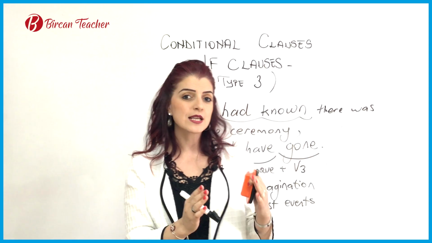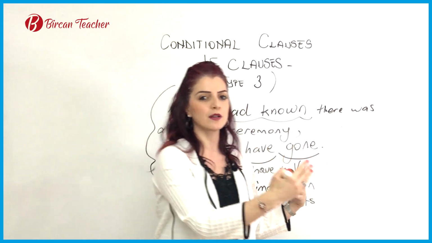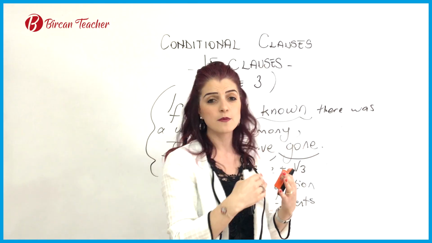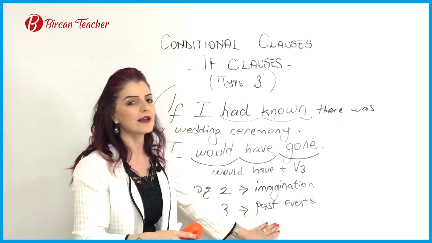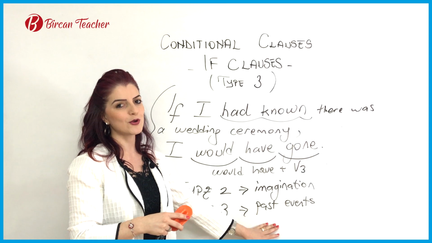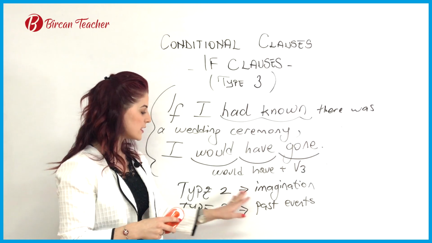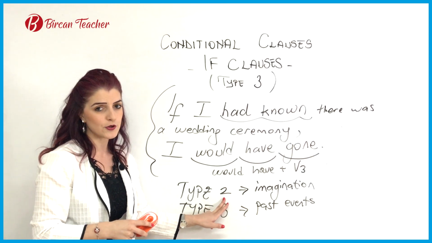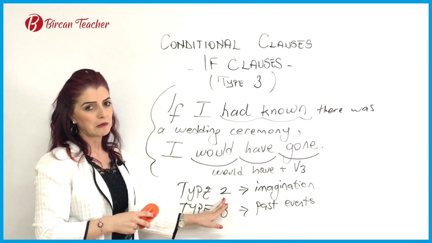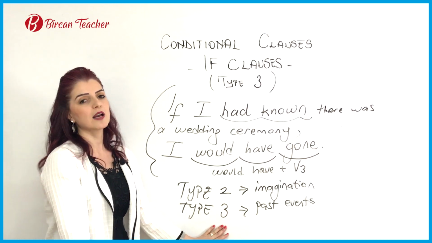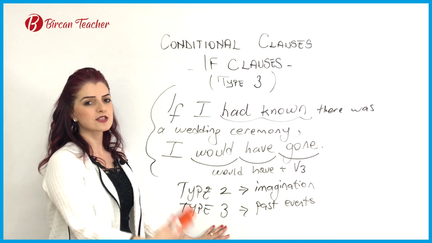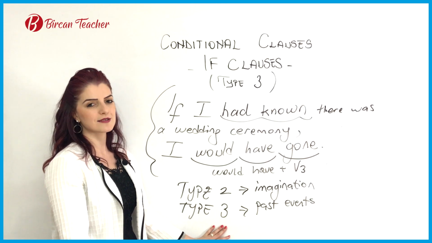So type 2 is possible to change because it is about your future imagination. But past events, you can only talk about them. You cannot change them. When you use type 3, you can just talk about the past situations.